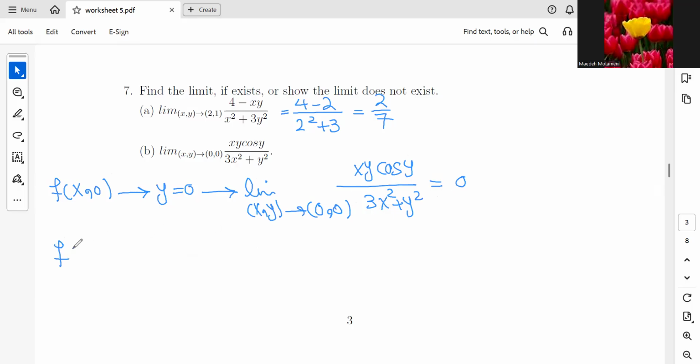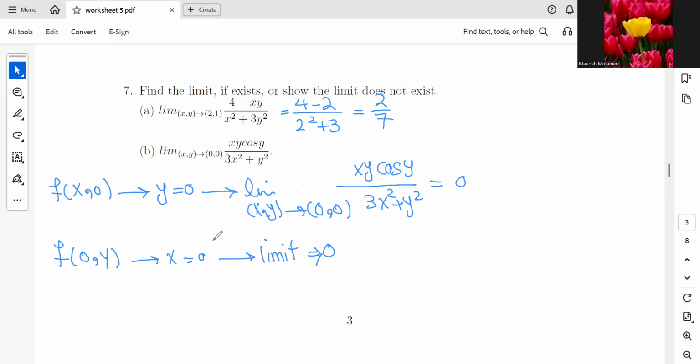What if we fix y and x is going to be 0? Same thing happens, and the limit will be 0. So does it mean that we have a proof that the limit is going to be 0? The answer is no. But we may find another path.